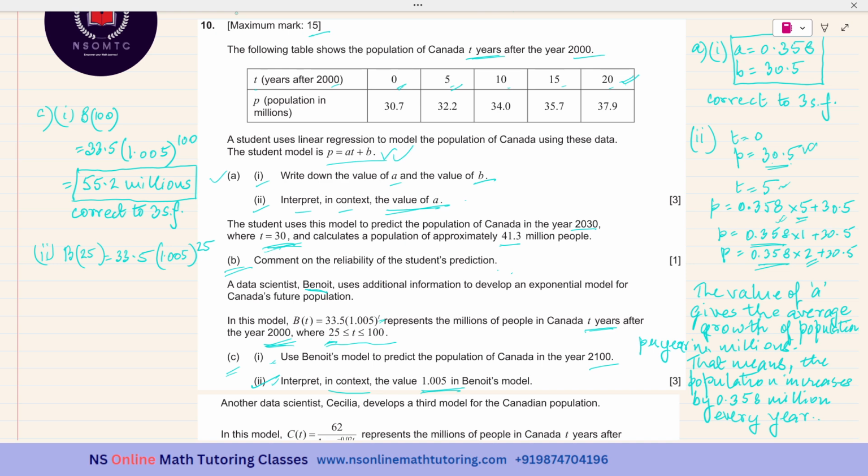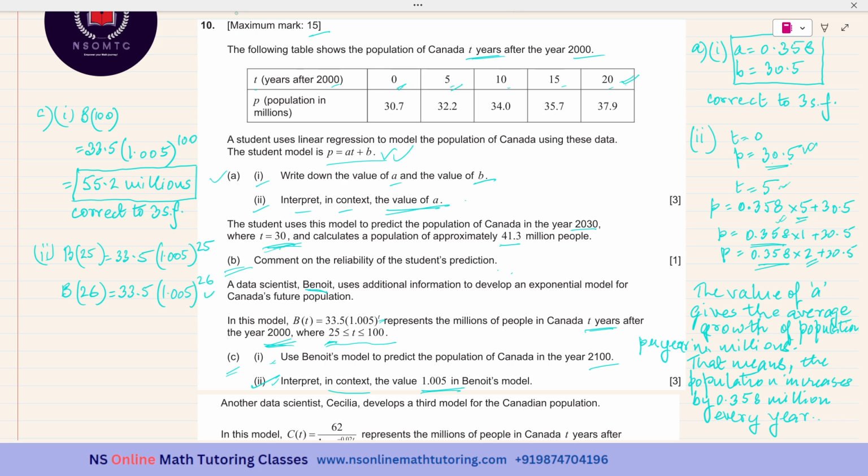And if we take B of 26, meaning the t value is 26, just the next year, what will be the population? All these are in millions. So it will be 33.5 times 1.005 to the power of 26.